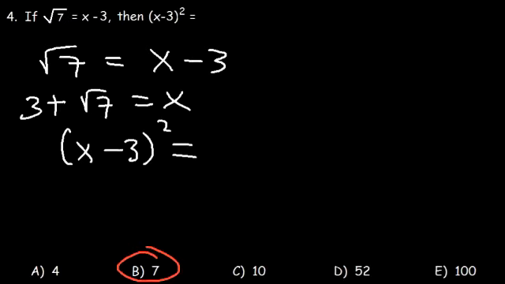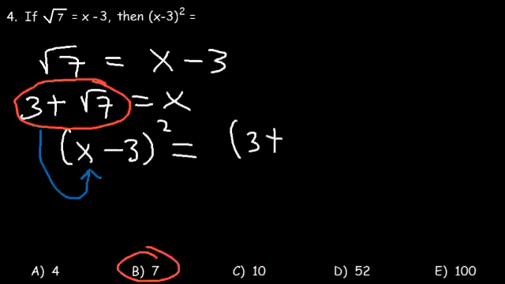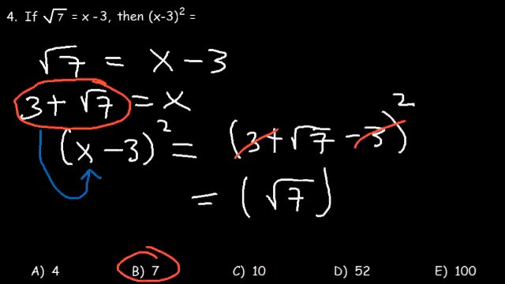Since x is equal to 3 plus the square root of 7, we could insert it for x. So this is going to be 3 plus root 7 minus 3 squared. So the 3's will cancel. And then what you have left over is root 7 squared, which we know to be 7.